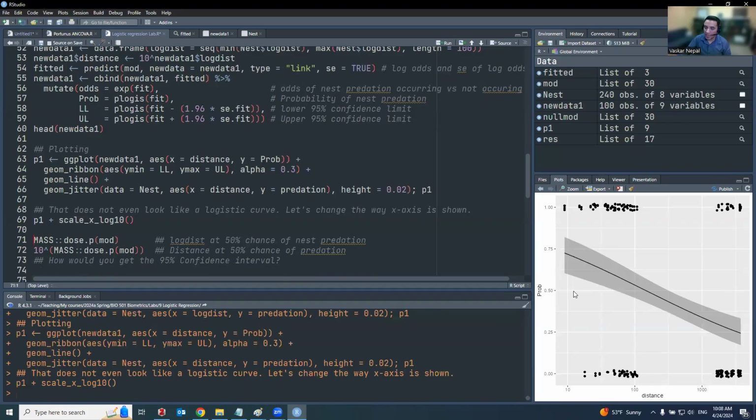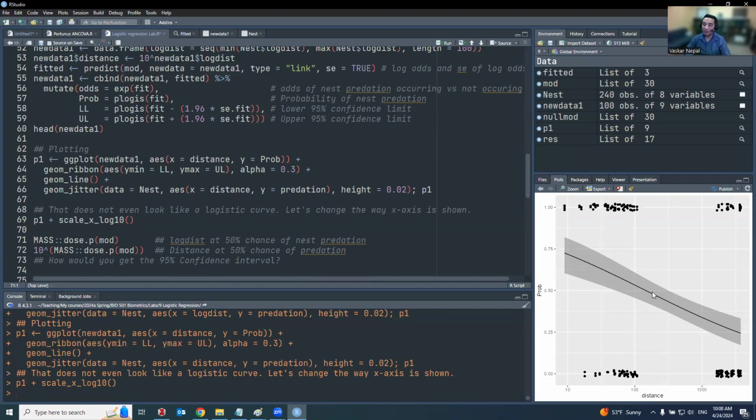Wouldn't it be good to actually predict where it is 50-50? This is a very interesting question, especially if you work with ecotoxicology data, where you want to know the concentration where 50% of the individuals die. Or perhaps you are looking at maturity data and you ask, what is the age or length or height when 50% of the individuals are mature?